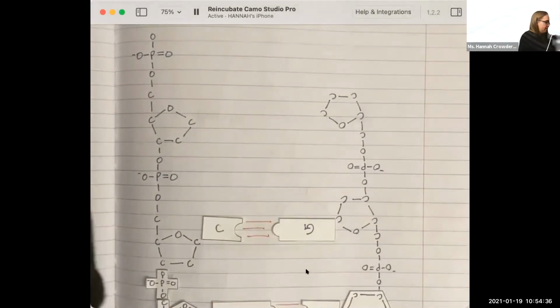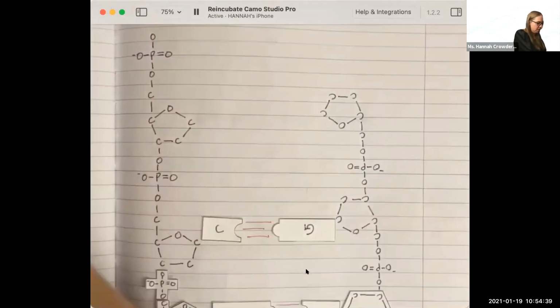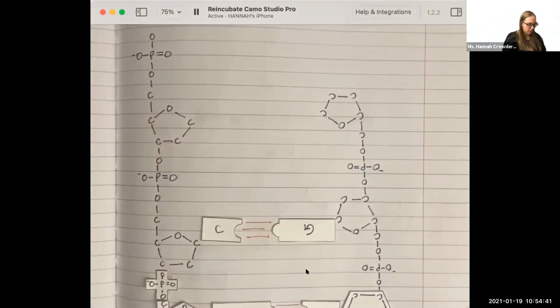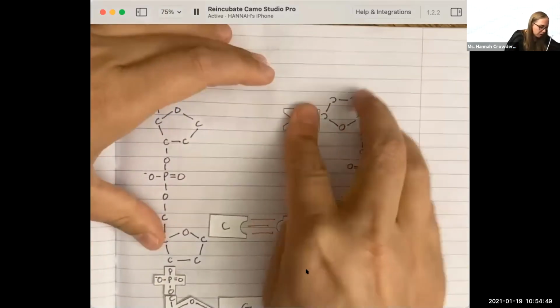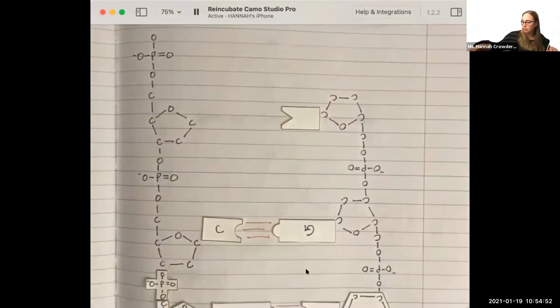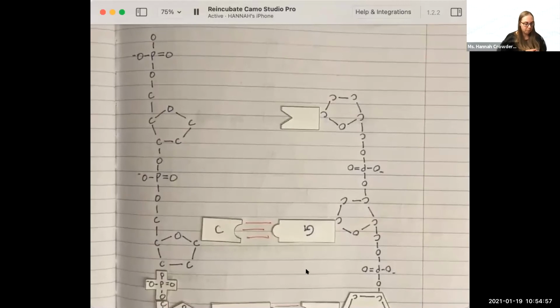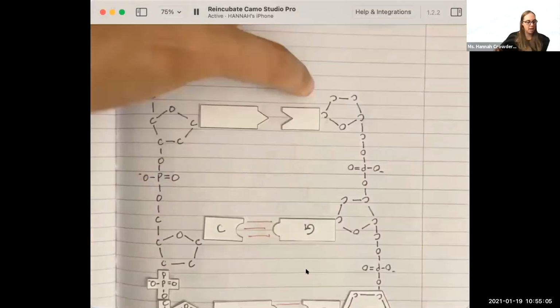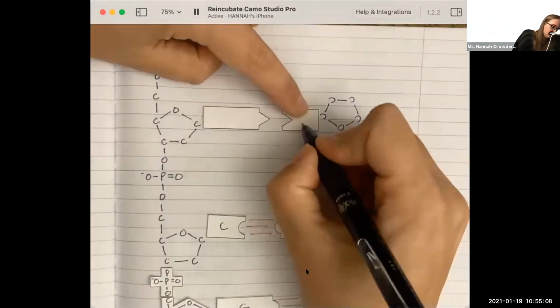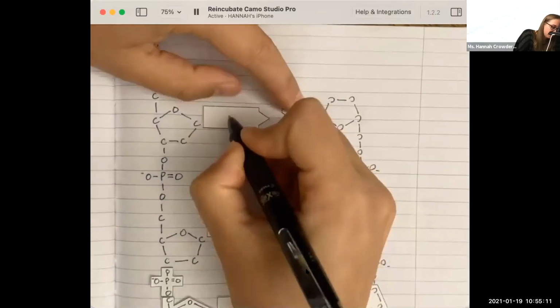So then let's have a T on this side, and an A. Can somebody tell me how I knew that this one is going to be a T and this one is going to be an A?